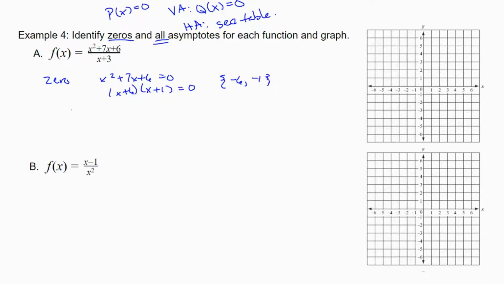For our vertical asymptote, what we found was x is equal to -3. For a horizontal asymptote, let's see what we have here. We have a degree of 2 on top, and a degree of 1 on the bottom. So then this is actually top heavy.